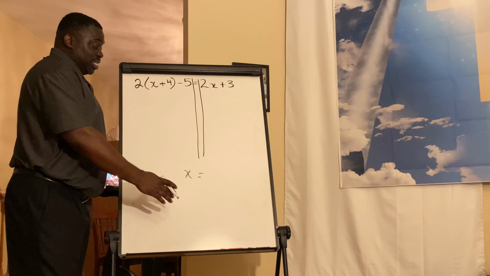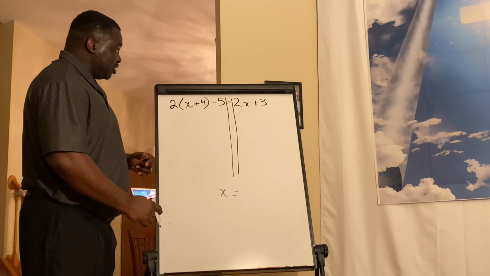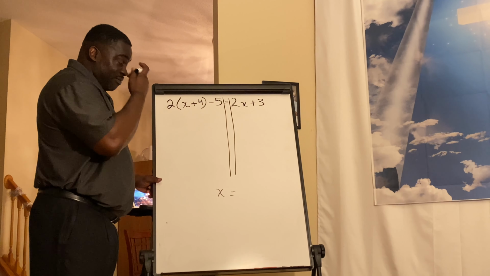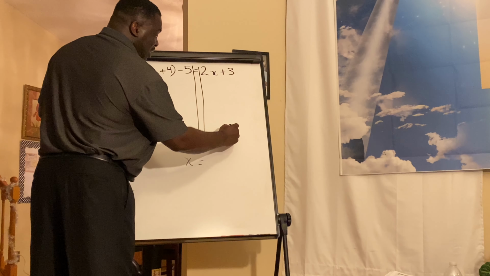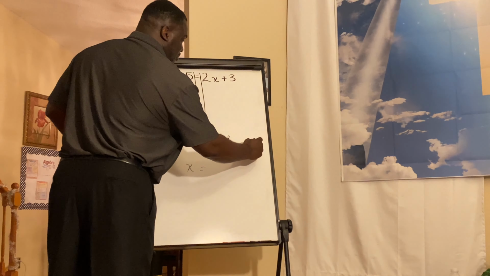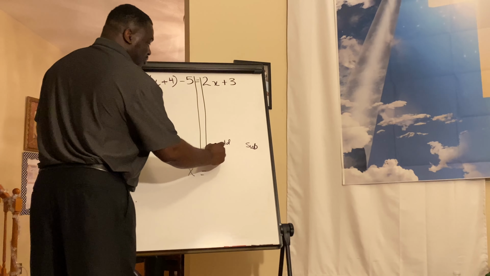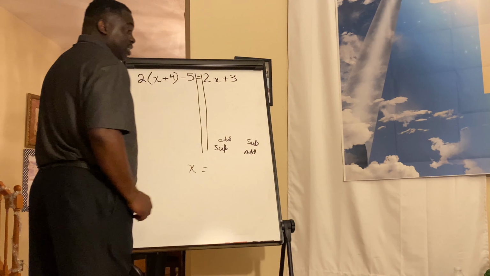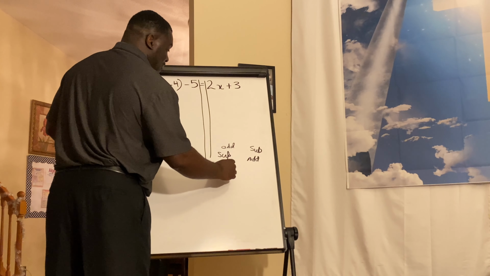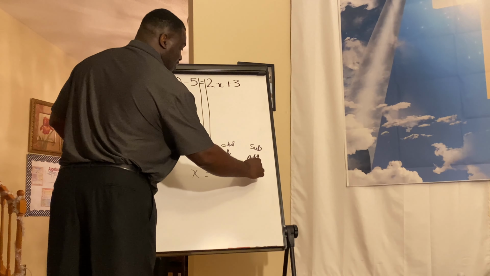So anything you want to do, you want to make sure that you're doing the inverse. The inverse operation of addition is subtraction. The inverse of subtraction is addition. The inverse operation of multiplication is division.